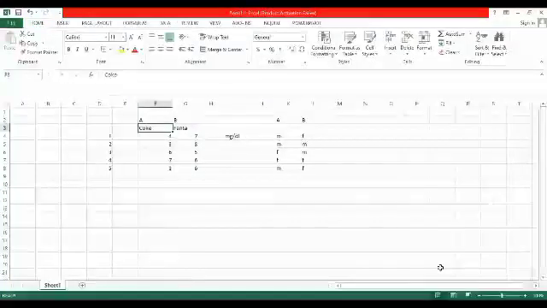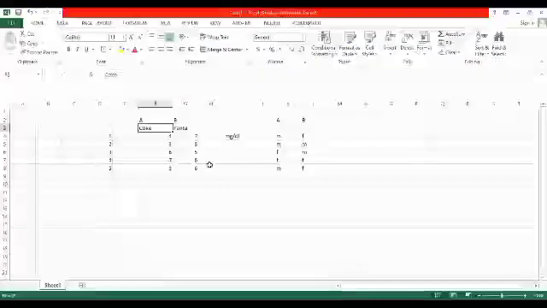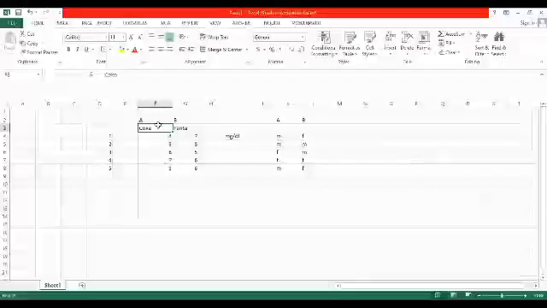Now we have two groups. The first group are those who love Coke, like me, and the second group, those who love Fanta. So I will code them as group A and B. For the first group, we have 5 participants, 1, 2, 3, 4, 5, and we have another 5 participants in the other group.